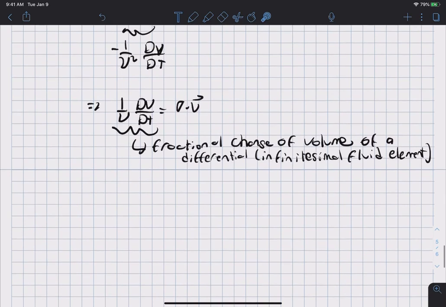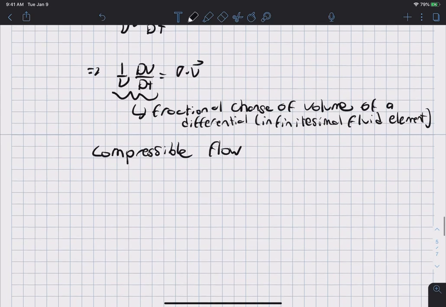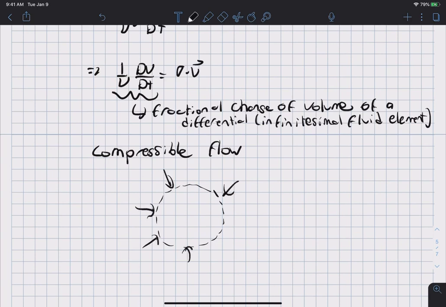And so for a compressible flow, we could think of a circular control volume, and we have some sort of inward moving flow like this, and we track this control volume basically such that it is always around a fixed amount of mass.